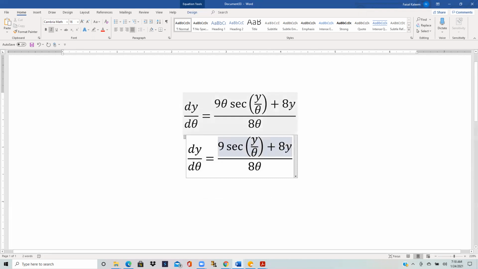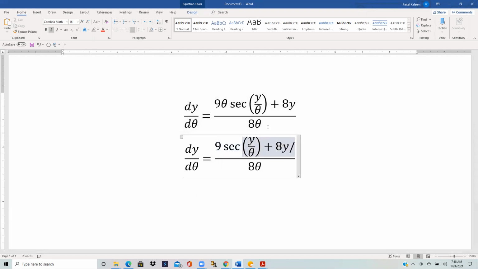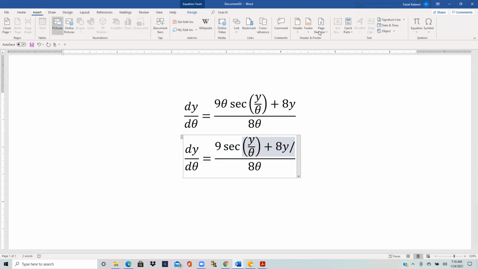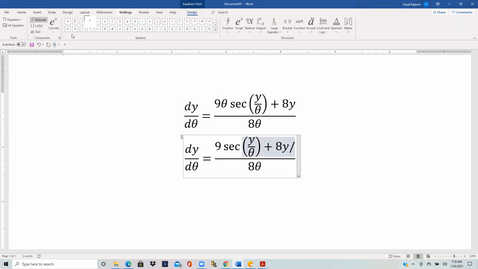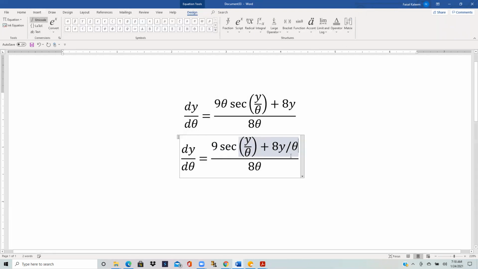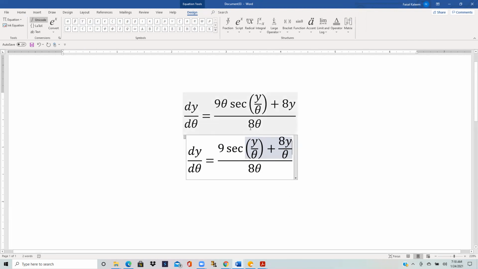When we divide this term by theta, it becomes 8y over theta. And when we divide the 8 theta by theta, we just get 8. So now you see every term is a function of y over theta. We just have y over theta, no other variable.